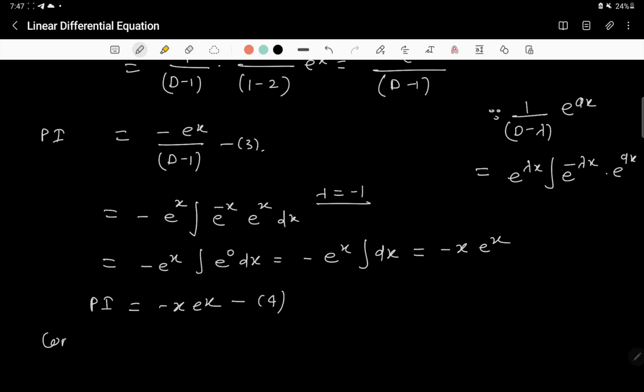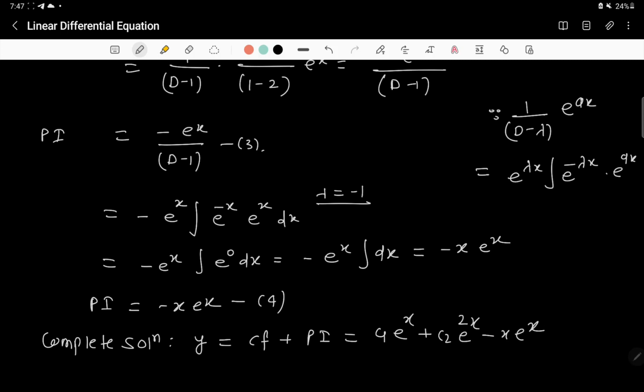So the complete solution is y equal to CF plus PI. And what is CF? You already obtained C1 exponential x plus C2 exponential 2x, and minus x exponential x. So this is your complete solution.